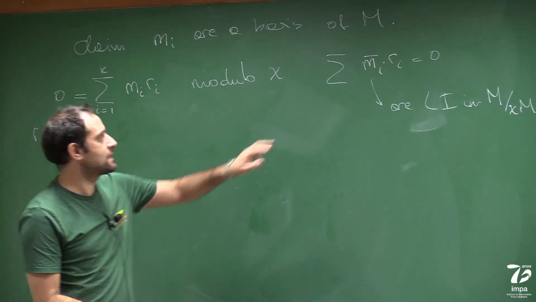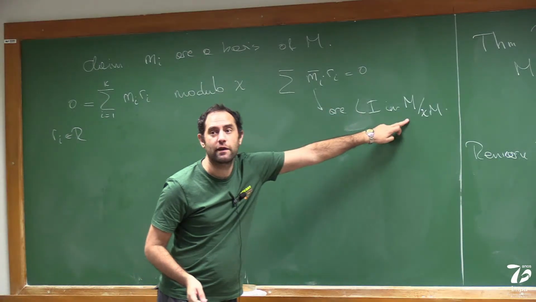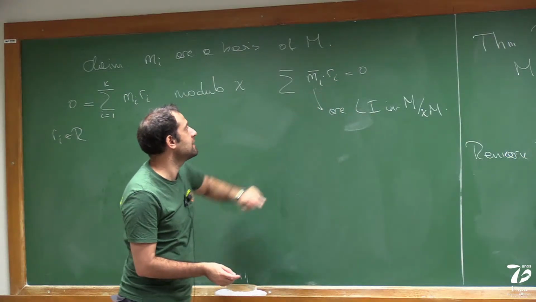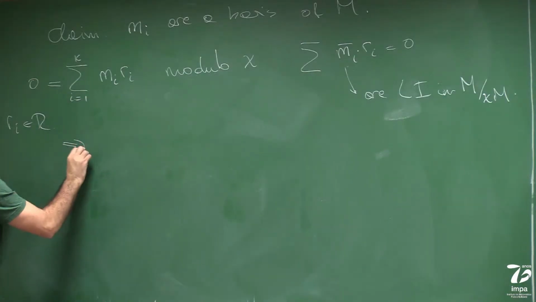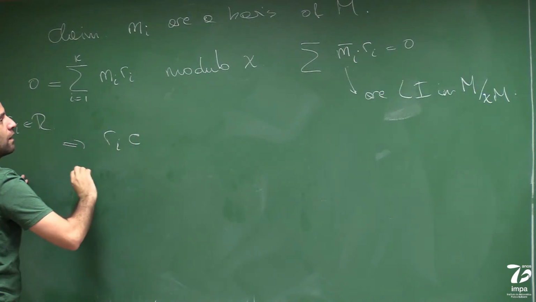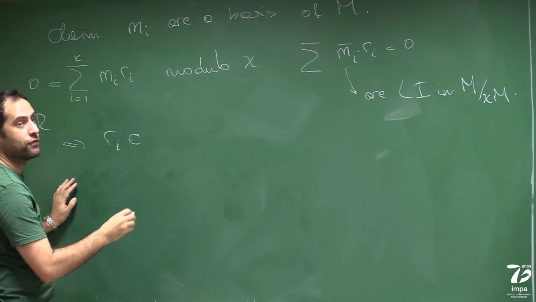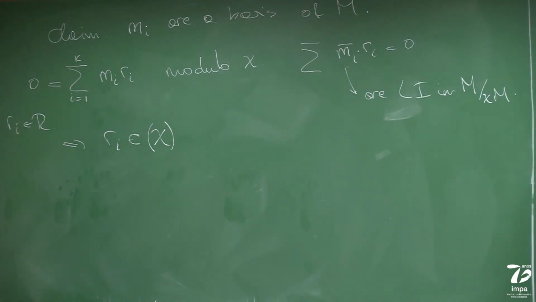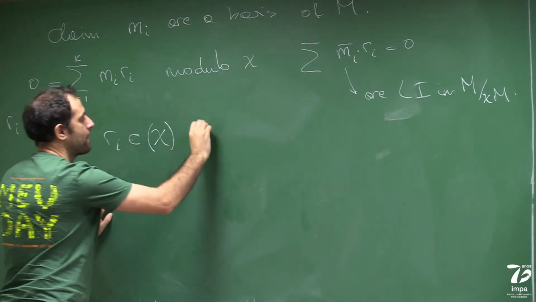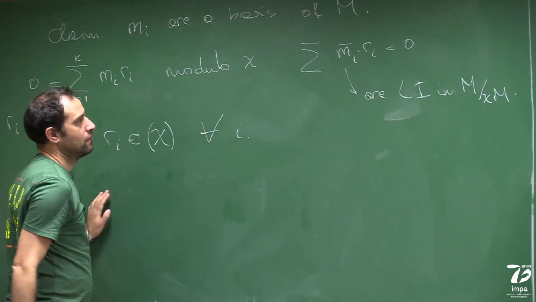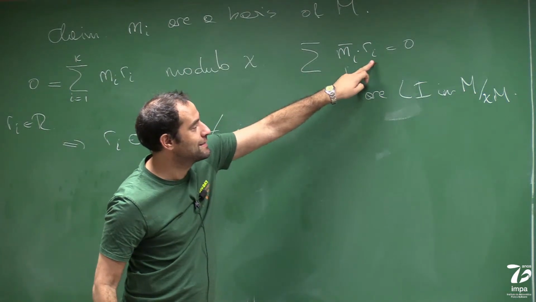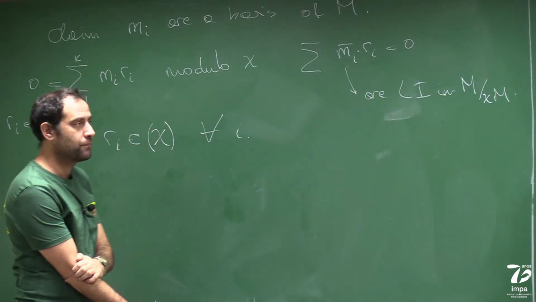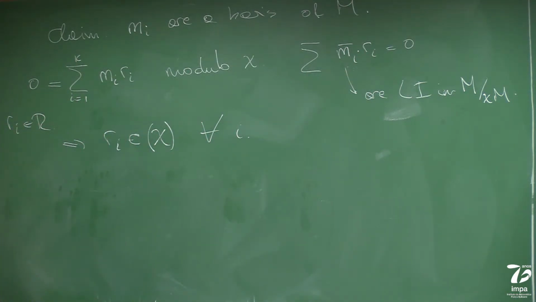Right? These guys were a basis by definition of this module. So this means that these ri are all inside of the ideal generated by x for every i. Because all of these ri's are 0 modulo x. Okay? But x was a non-zero divisor.